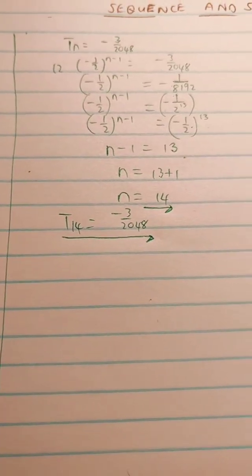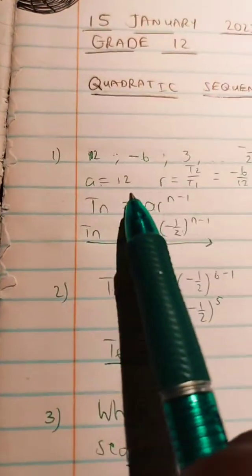Now, geometric sequences, guys, are not only limited to actual numerical values. There are questions for geometric sequences that involve variables. So for example, x plus 2, 3x plus 1, 7x minus 1, we say that is a geometric sequence. And the question is, determine the value of x.